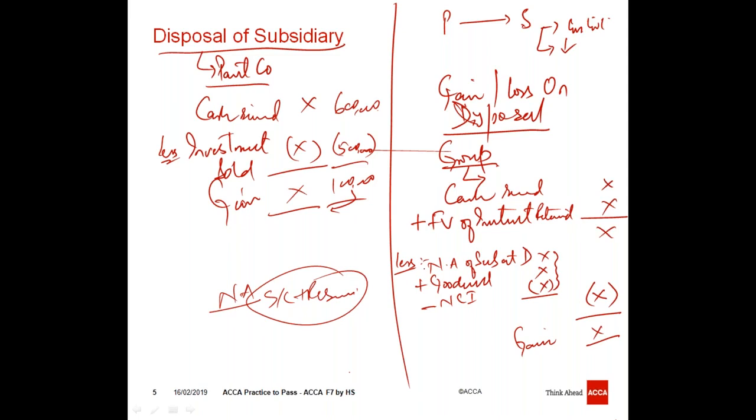Adding net assets at disposal plus unimpaired goodwill, meaning the goodwill which is left over after the impairment loss, and finally we deduct the value of the total NCI. This should be the final amount which should be deducted from the consideration that we have received. So the difference will be the gain or loss on disposal.